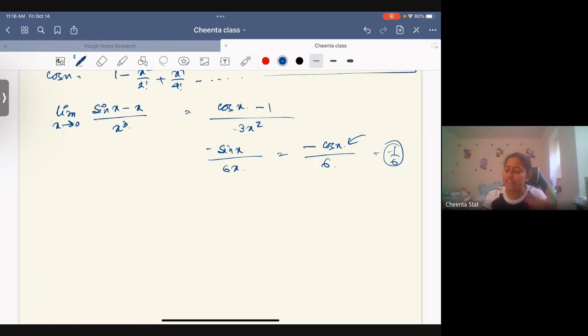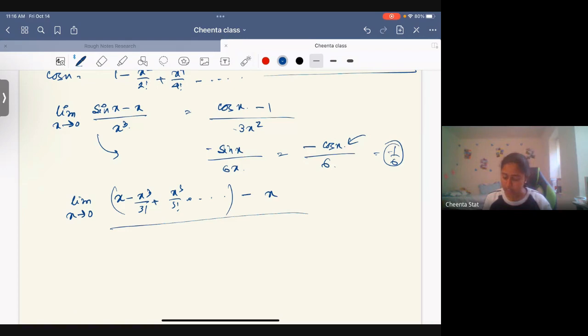But if you are not finding a non-0-by-0 form even after applying L'Hospital, you can try out one thing. I'll give you one example of that as well. Write down the expansion of sin x, that is equal to x minus x cubed by 3 factorial plus x to the 5 by 5 factorial and so on, minus x. And then x cubed here.